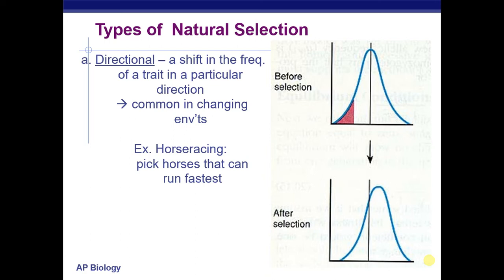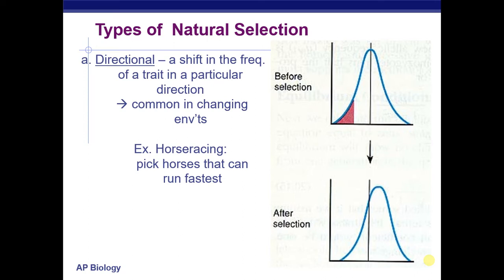For example, in horse racing, the breeders try to breed the fastest horses. If the trait of speed is being selected for, it's selected in a directional way towards the fastest end.